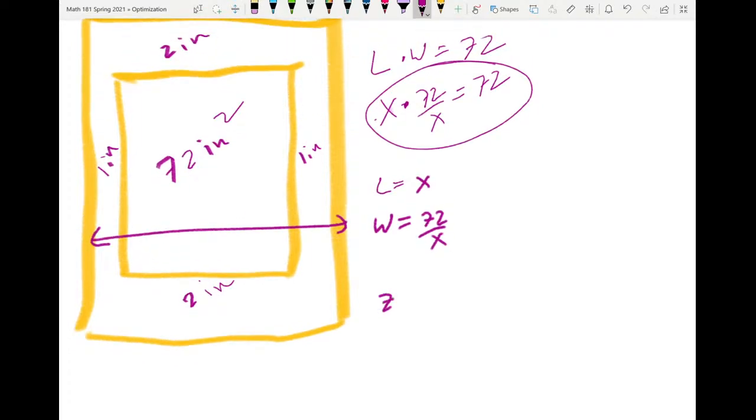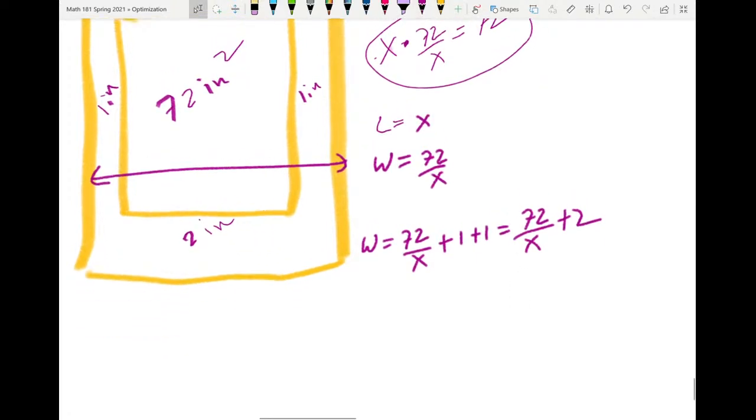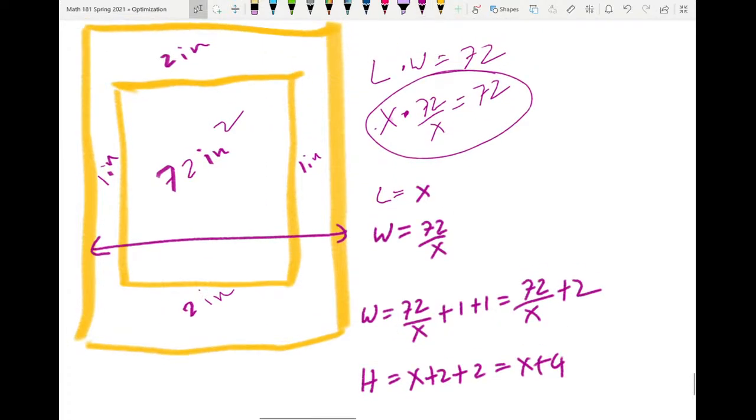It will be 72 over X plus 2. And then what about the height? In this case, it will be X plus 2 plus 2, which is X plus 4. That's H.